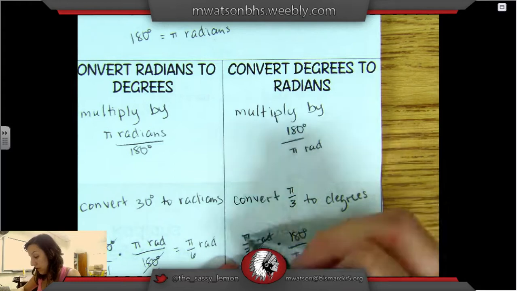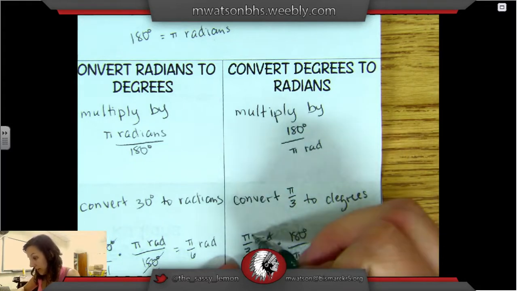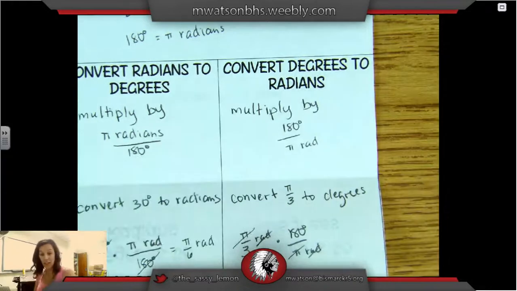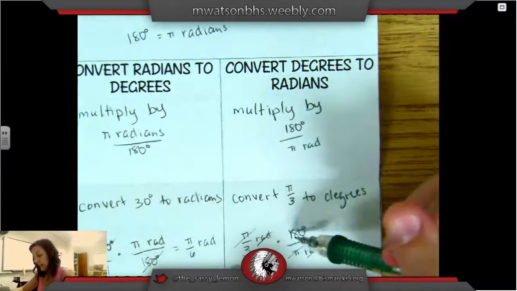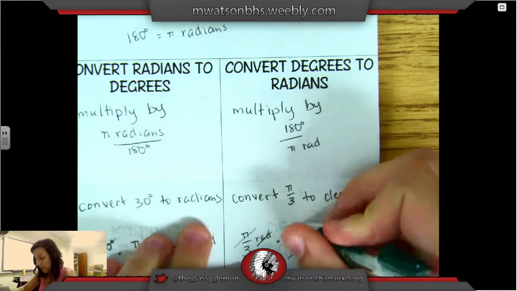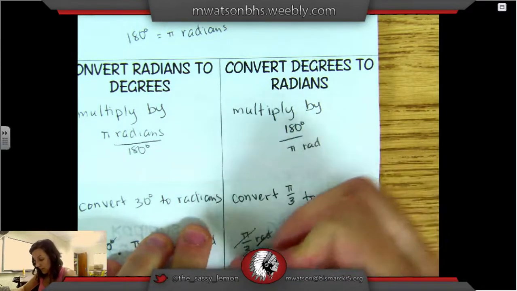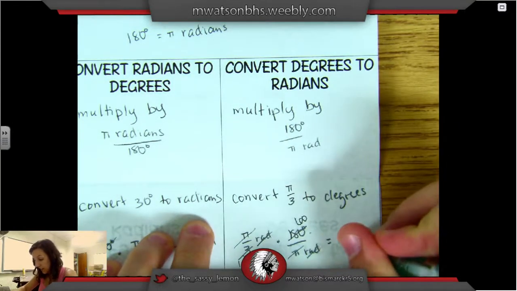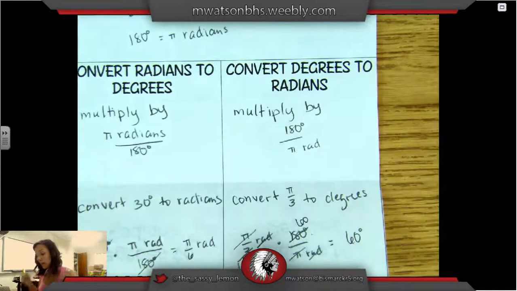So we see we have a pi on top and bottom. Pi is the same on top and on bottom. It's a number, so we can just cancel those. And then 3 goes into 180 how many times? 60. And so our answer is 60 degrees. So pi over 3 radians equals 60 degrees.